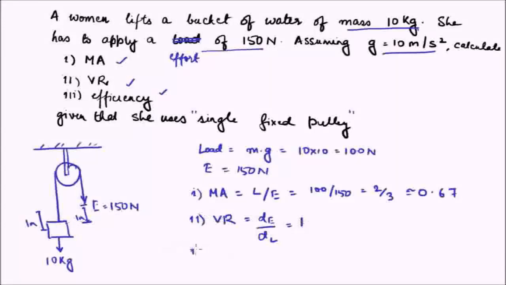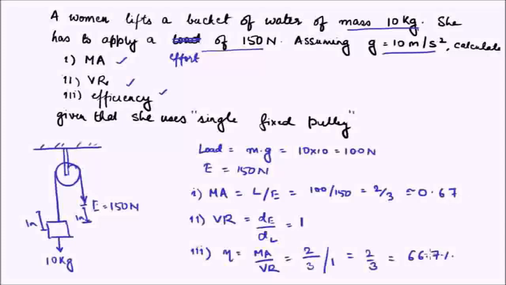Now the third part asks us to find out the efficiency. We know that the efficiency of a pulley system is mechanical advantage upon velocity ratio. We can simply replace it, 2 by 3 divided by 1, that will be 2 by 3 in fraction, or into 100 if we do, we will get 66.7% approximately.